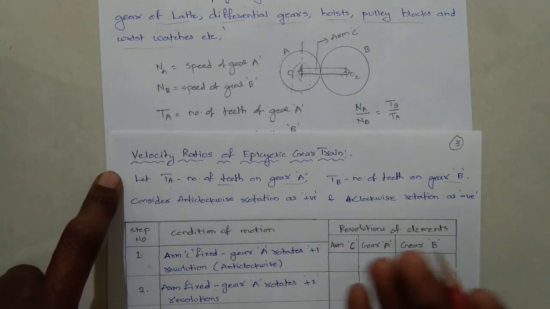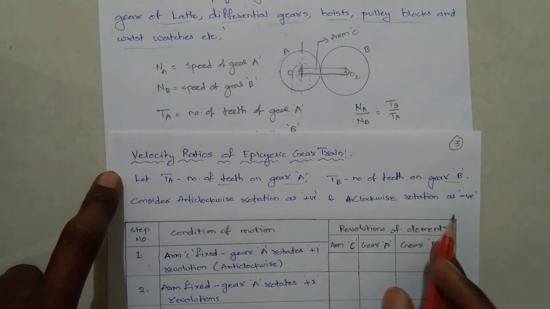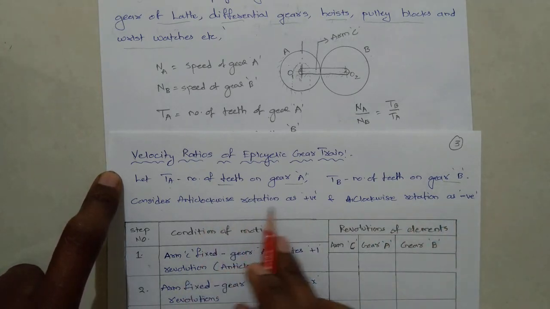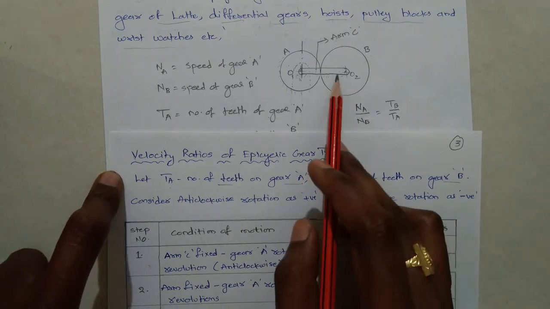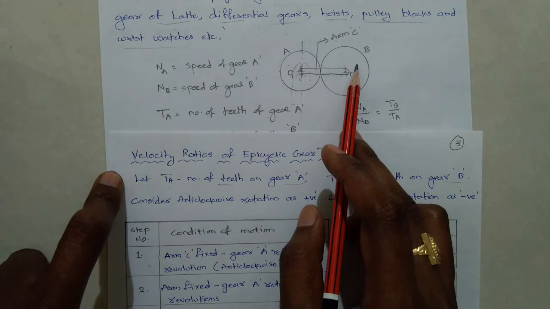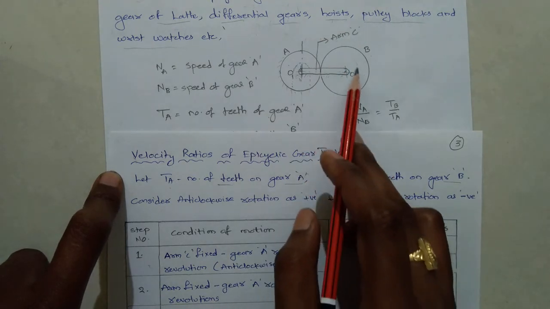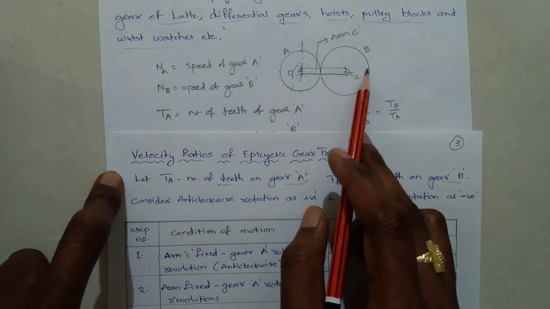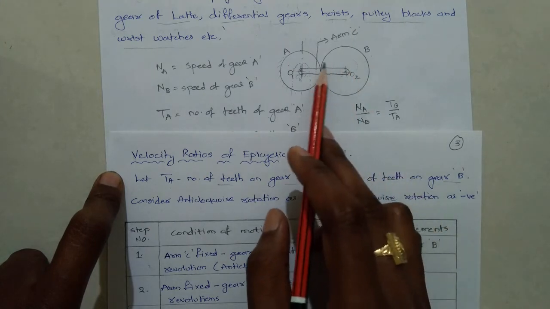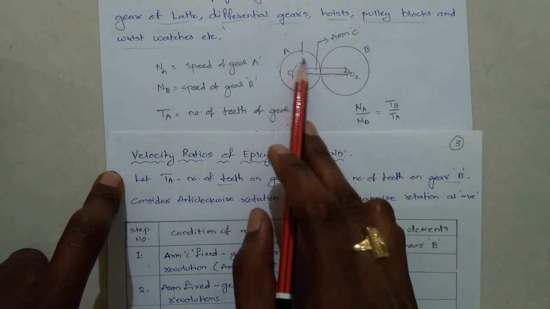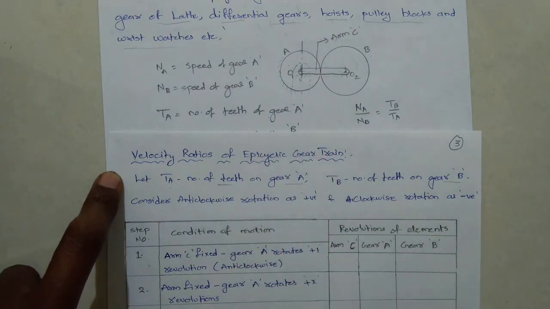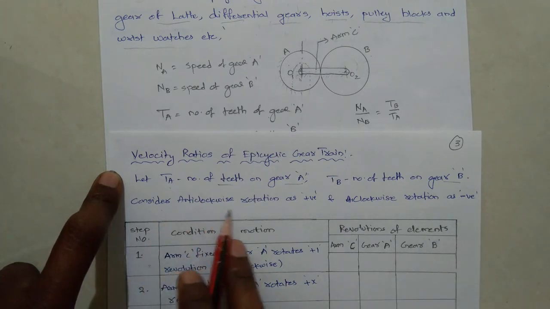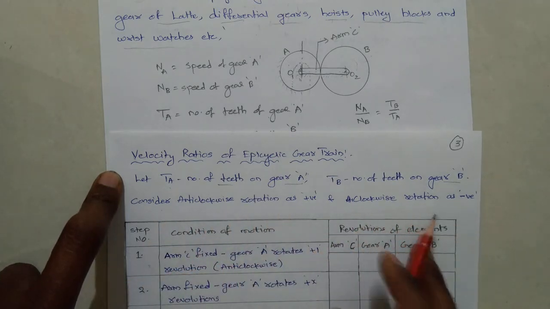You can also consider anti-clockwise as negative and clockwise as positive. For example, if B is rotating anti-clockwise, that speed is indicated with a positive sign. And then gear A will be rotating clockwise, so we have to consider it as negative. So we have to follow some convention like this: anti-clockwise as positive and clockwise as negative.